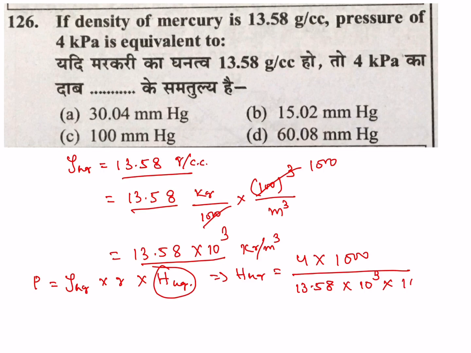We will write 4 by 13.58, approximately 0.3, so 0.3 by 10, approximately 0.03 meter of Hg.